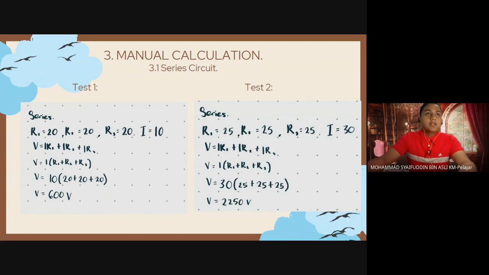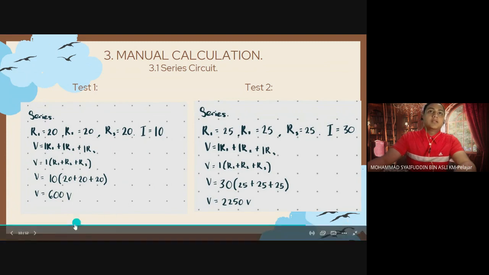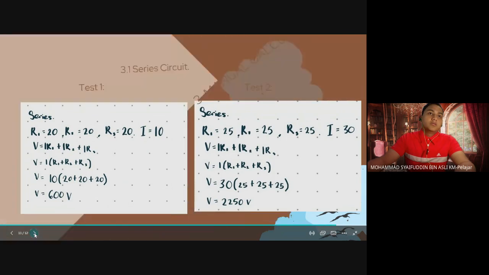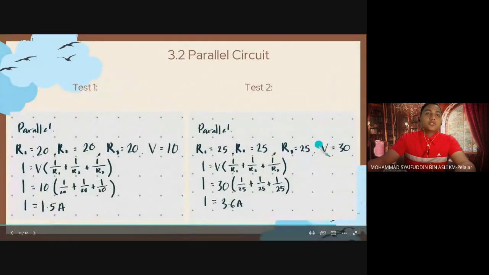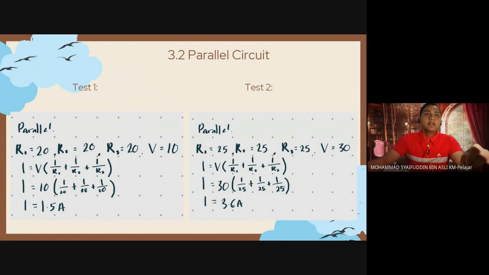So we calculate manually. This is the formula, and we get 600 volts, the same as the program running. The same goes for the second test. Next for the parallel, we also get the same answer as the coding. That means our coding gives the same answer as the manual calculation.